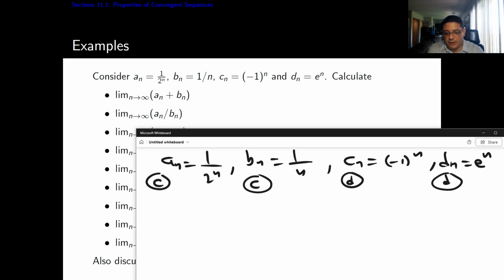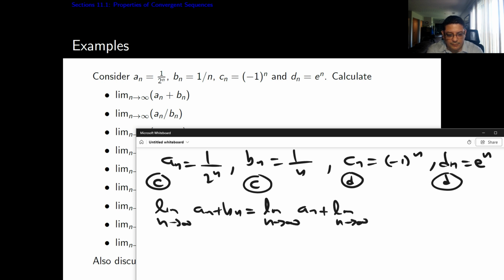Now, because of what we have, the limit when n goes to infinity of a_n plus b_n is just going to be the limit when n goes to infinity of a_n plus the limit when n goes to infinity of b_n. So we're using the properties of limits. And this is just going to be 0 plus 0, and so the limit of the sum is 0. Now, this is the first one.